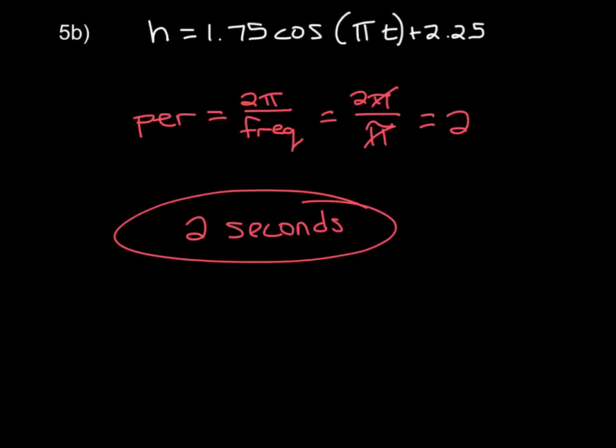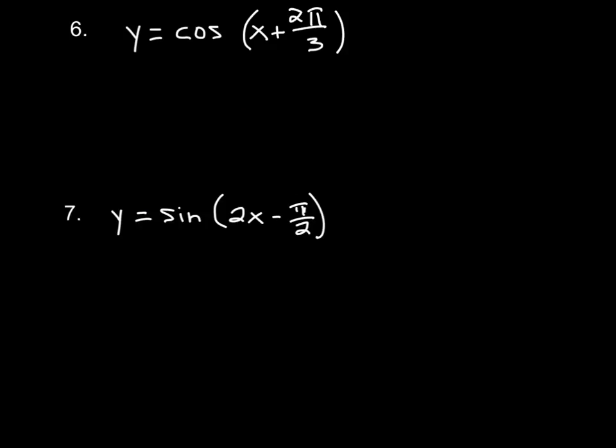Number 6 and 7 just really ask us about the shifts of our curve. So if we look at number 6, we really just want to compare this graph to your basic old y equals cosine of x. Now, this in here helps us with our horizontal shift. And we know that the general format of an equation here would be y equals cosine of x minus your horizontal shift.